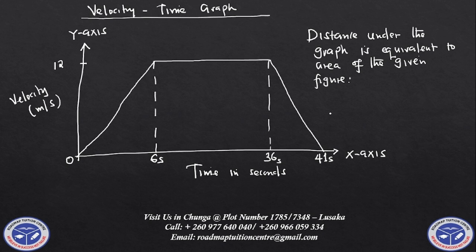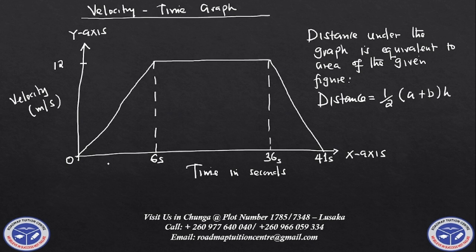So this shape that we have there is known as a trapezium. We shall say distance is equal to half, then A plus B, then multiplied by height.